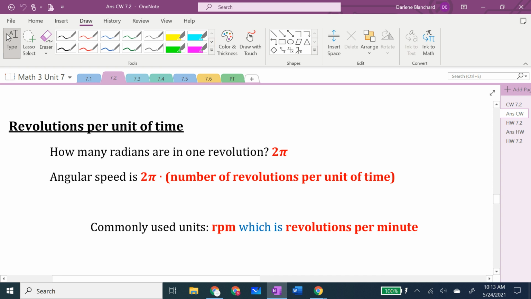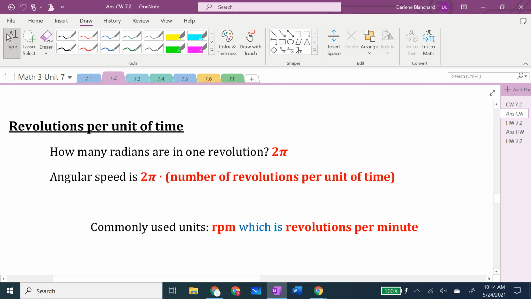Anyway, okay, so RPMs, very, very important. Understand that with any of these problems that we're going to be looking at, if you are told how many revolutions per minute or how many revolutions per second, whatever you are told, if you want to know the angular speed, all you have to do is multiply that rate in revolutions per unit of time by how many radians one revolution is.